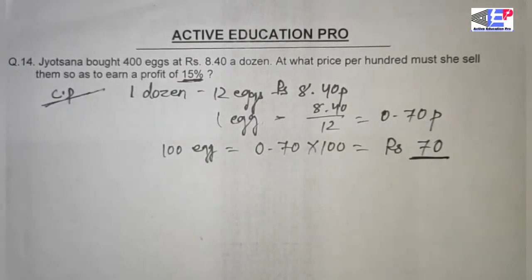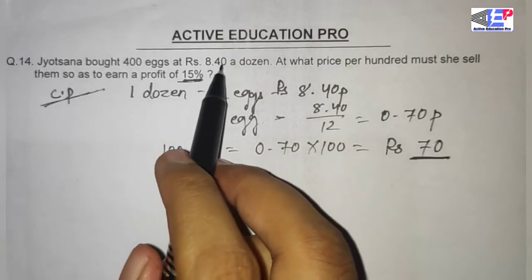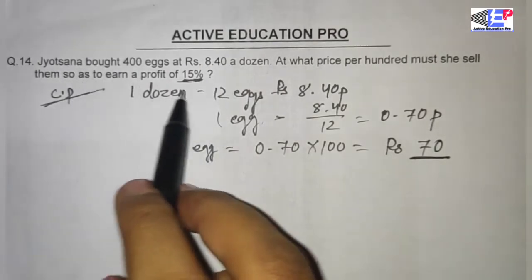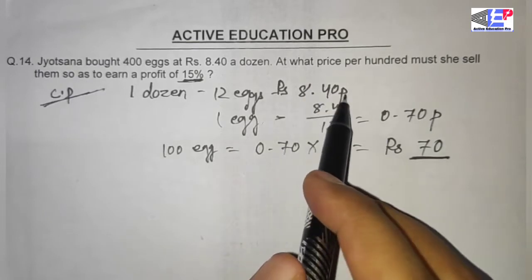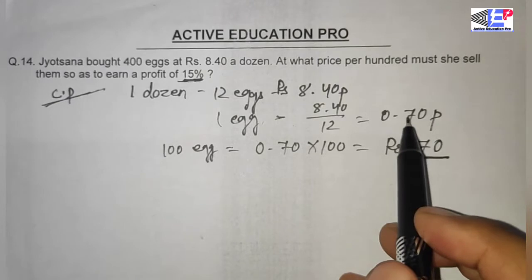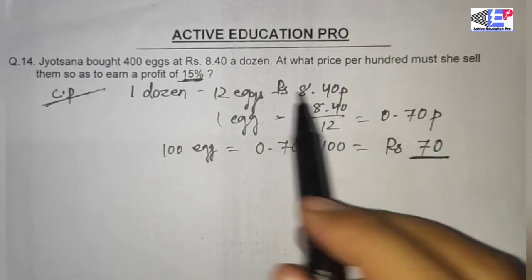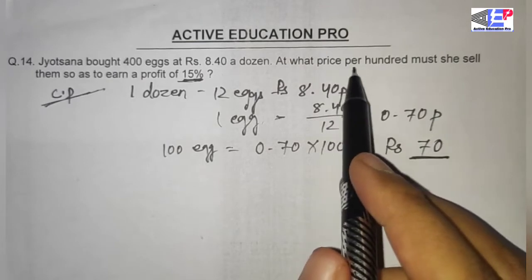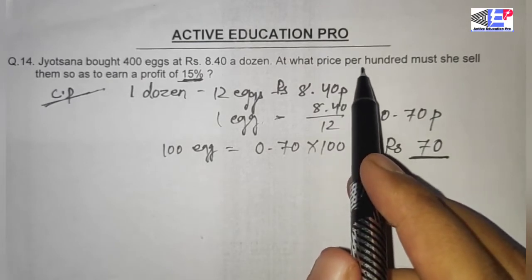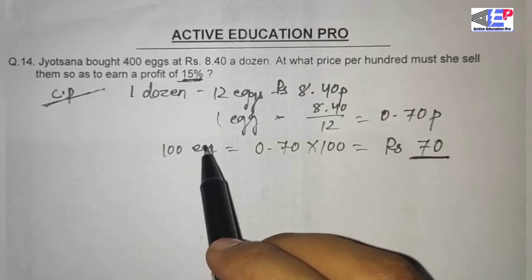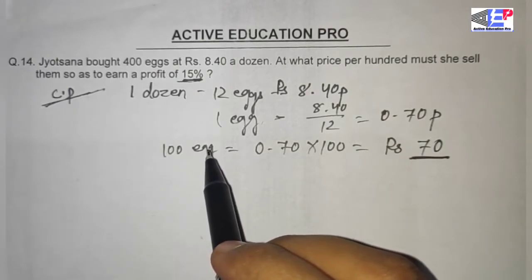Look here, how could you find this out? It is mentioned in the question that one dozen eggs cost the girl 8 rupees 40 paise. So for one egg, the cost price will be 0.70, which is equal to 70 paise. The question was to find the selling price for 100, so that's why I first find the cost price per 100 eggs.